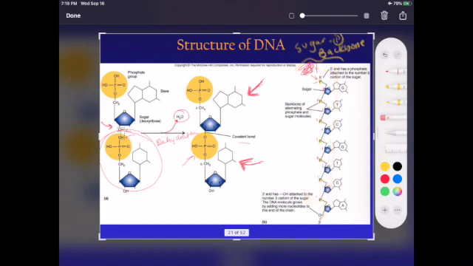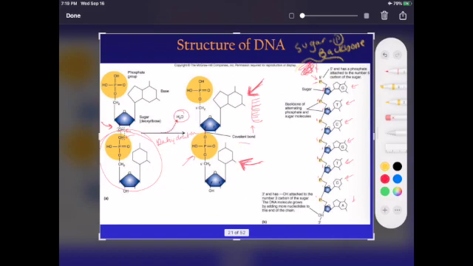I'm going to erase that now. Right. And meanwhile, all these bases here are hanging off the sugar phosphate backbone like teeth on a comb. Like if you go to comb your hair, the comb looks like that. This is the sugar phosphate backbone and all these teeth are the bases hanging off of it.